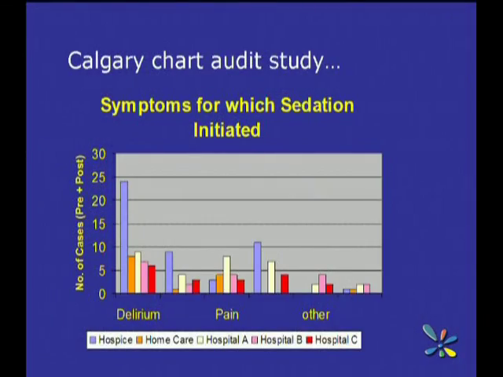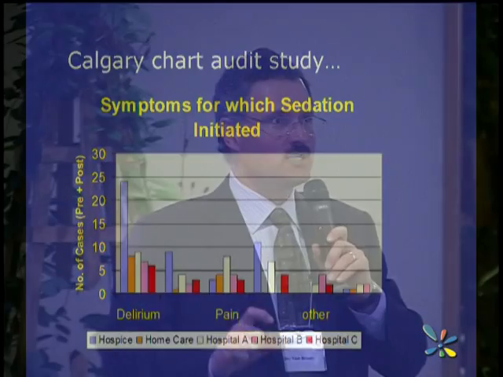But the key message from this slide is that the proportion of patients sedated at different sites varied tremendously, and we couldn't explain that. Patients at hospice were not much sicker, and we wouldn't have anticipated that they would need sedation much more frequently than patients at the hospitals, for example. So again, demonstrating a wide variability in the use of palliative sedation.